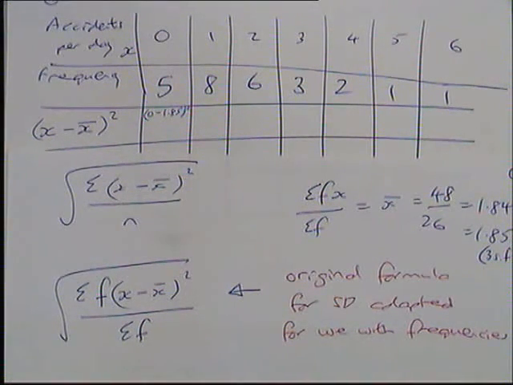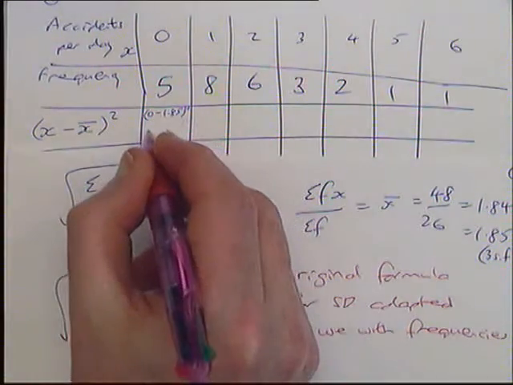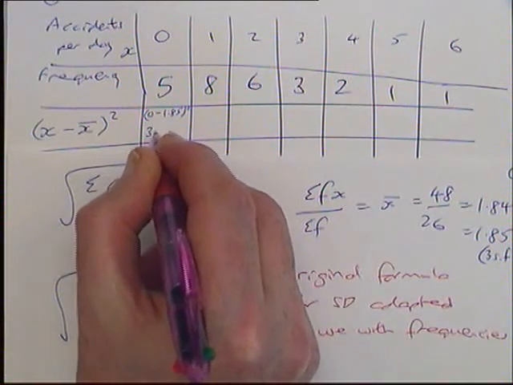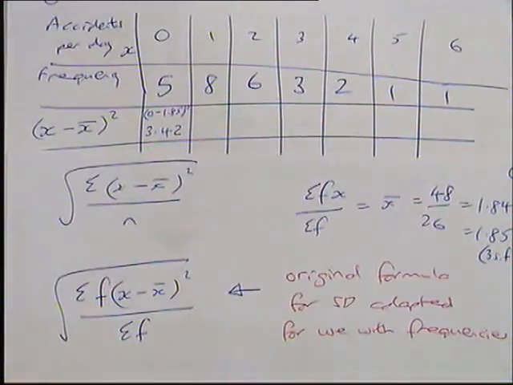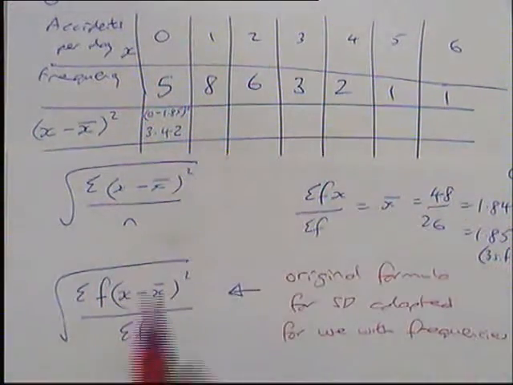If you've got a phone, you do it on your phone. How many decimal points do you have? If we did three significant figures, what's the first value in here? 3.42.